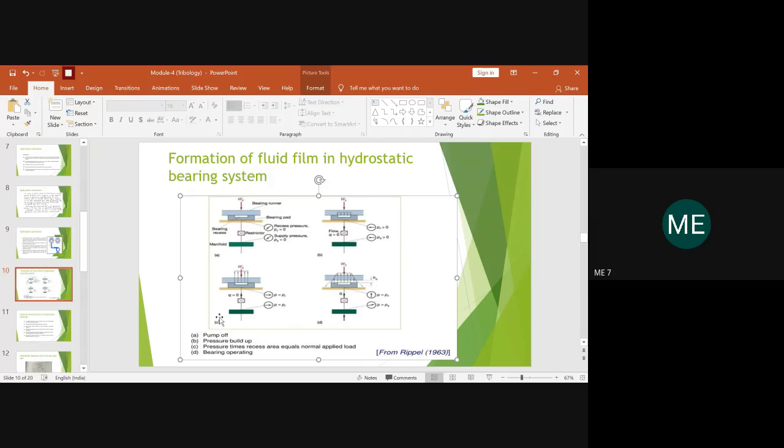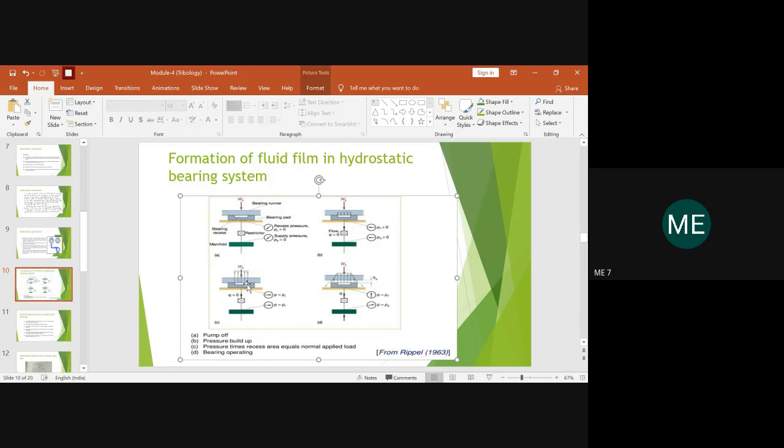And next comes the third stage. So what is the third stage basically here? The pressure times recess area equals the normal applied load. This is just shown here, like the pressure distribution and the load in the downward direction. The equilibrium part, what I told you here, is represented in the third condition.